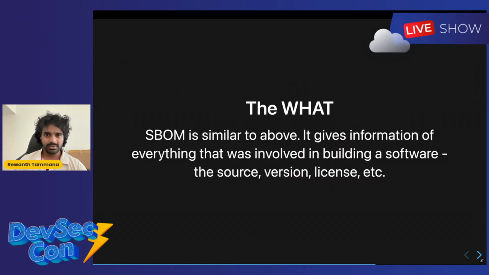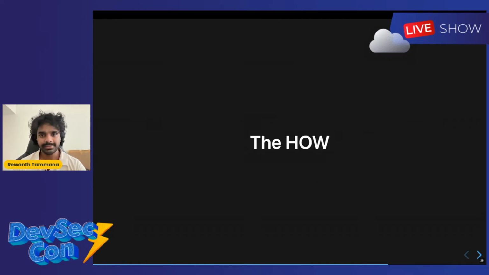So SBOM is similar to this. Instead of giving information about choco chip cookies, you will have every detailed information about the software or the components that are involved in building the software, their versioning, their licenses, when they got released, and if there are any CVEs, if there are any vulnerabilities associated with those packages, it will give information on them as well.